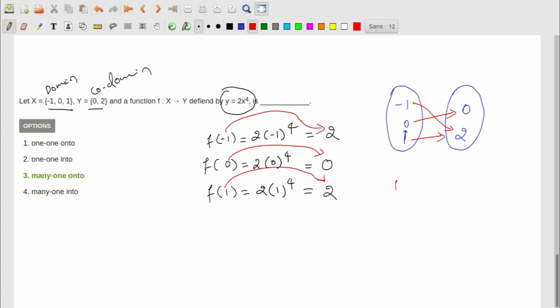So the function is many-1. Okay, is it onto? Yes, the range and codomain are the same. There are no elements left out in the second set, so it is onto. So the correct option is many-1 and onto. Okay, fine.